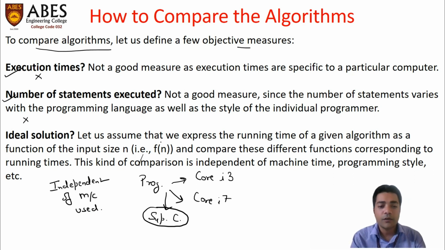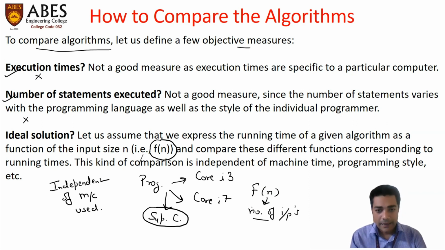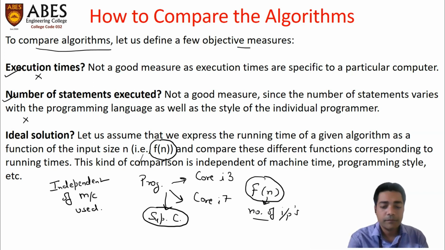So what we do is, here I have written something called f(n). If we can make a function f(n) where n is the number of inputs, and this f(n) is made for all the different algorithms, then we can compare this function f(n) across the different algorithms and check the time complexity, or in how much time it is going to run, and what the quality of the algorithm is.